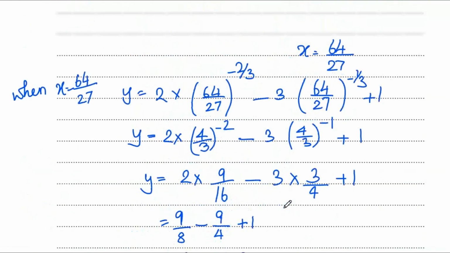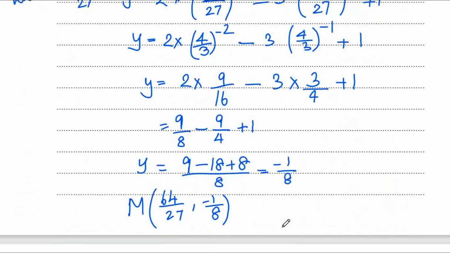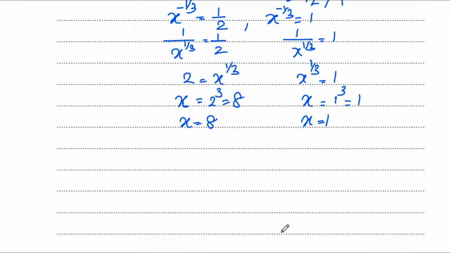So the curve intersects the x-axis at 1 and 8. So the limit will be 1 to 8. The y value is 0. So the x coordinate value of A will be 1 and B will be 8.